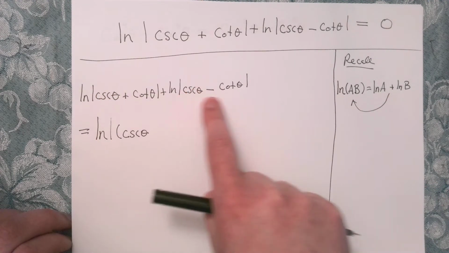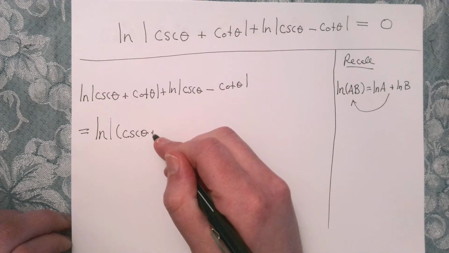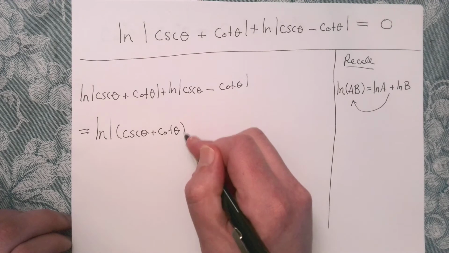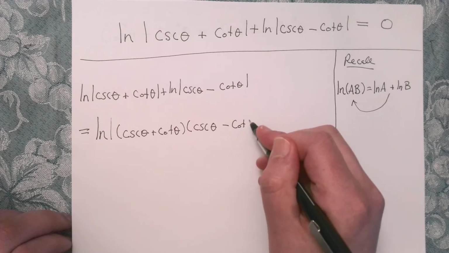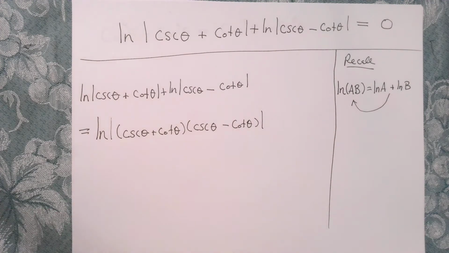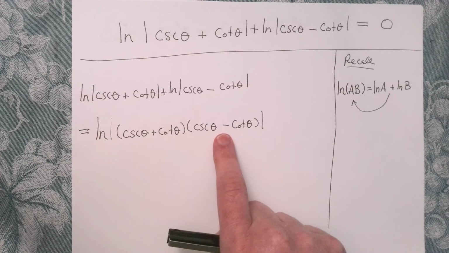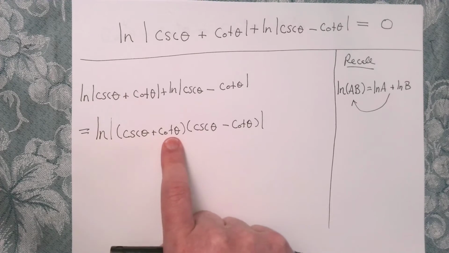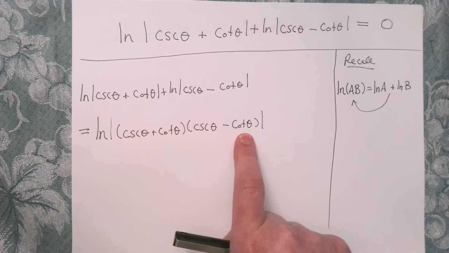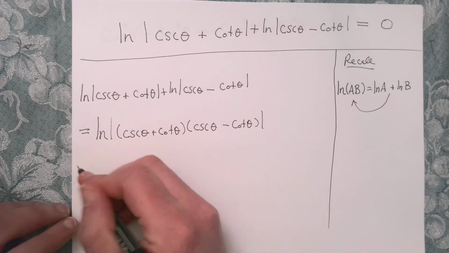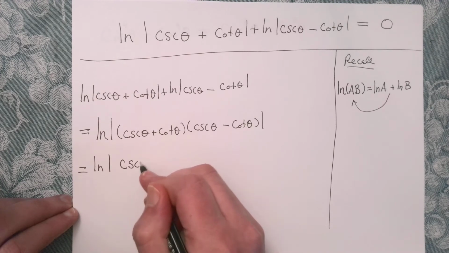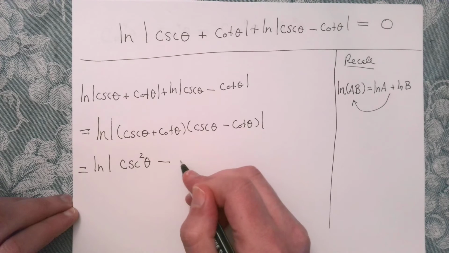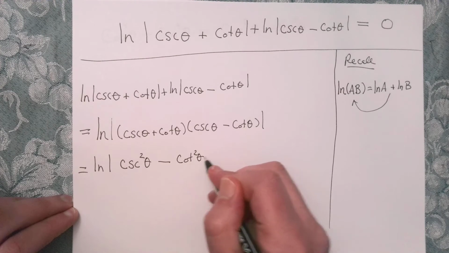So if this is A and this is B, then I want to write their product, A times B. Well, that's nice because, again, we have the product of conjugates. You've got like x plus y times x minus y. That should be x squared minus y squared when I take the product of conjugates. So that'll be cosecant squared of theta minus cotangent squared of theta.